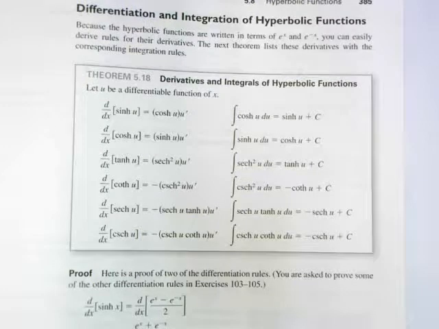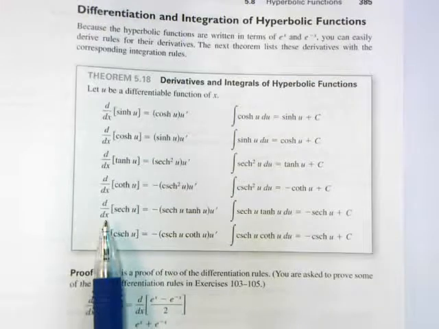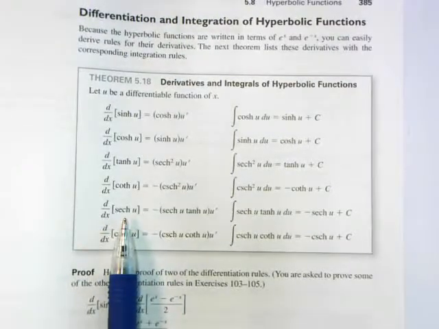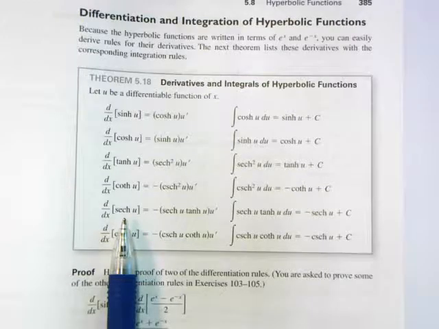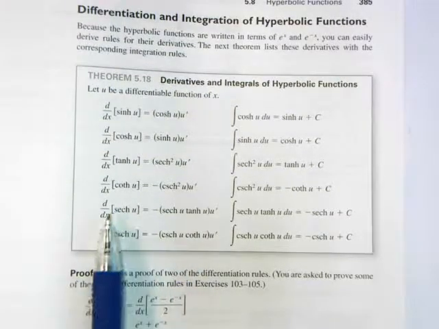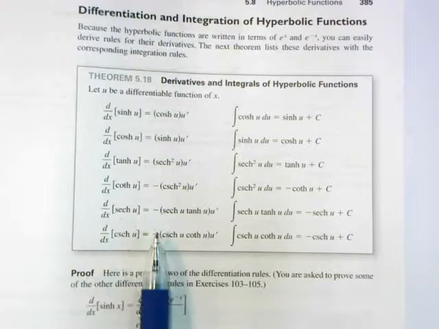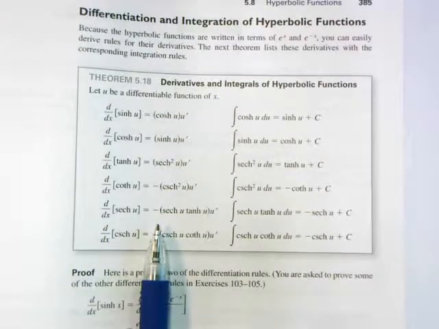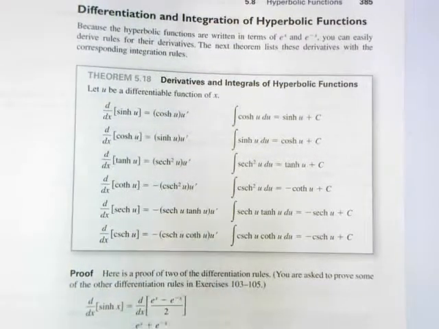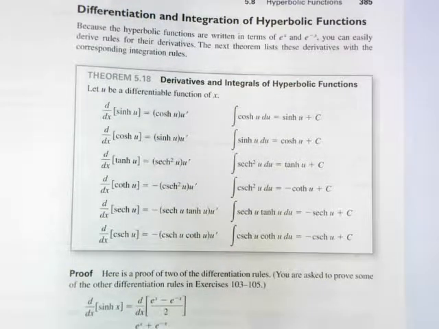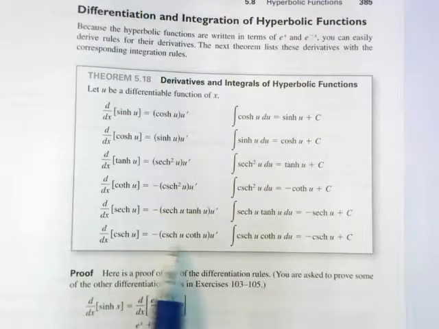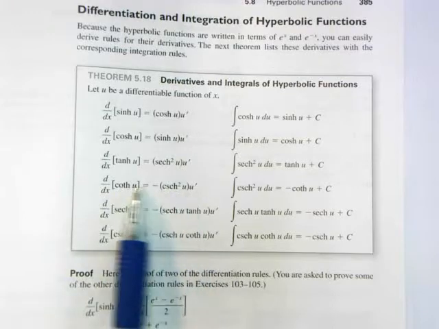And again, they're a little bit different, not exactly the same, because what's the derivative of regular old secant? Secant tangent, but the derivative of hyperbolic secant has a minus sign in front of it: negative hyperbolic secant, hyperbolic tangent. Cosecant turns out to be the same, cotangent turns out to be the same.